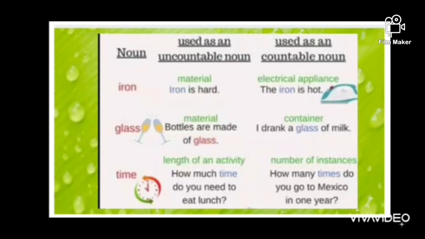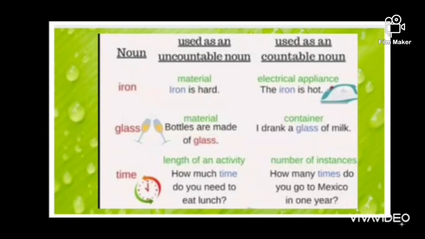So here it is used as an uncountable noun, because here it is mentioned as material. The iron is hot. So here it is used as a countable noun, because here it is mentioned as an electrical appliance.